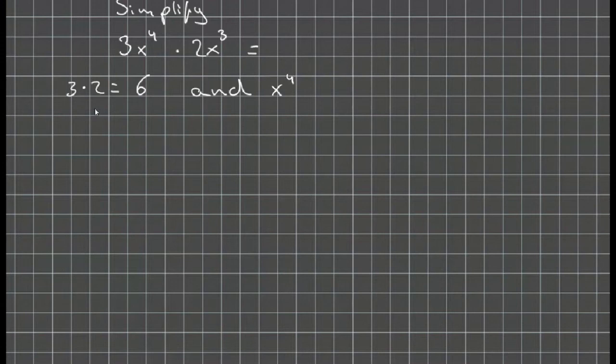So x to the power 4 times x to the power 3 is x to the power 4 plus 3, which is x to the power 7. Which means if I have to simplify this, 3 times x to the power 4 times 2x to the power 3, I get 6x to the power 7.